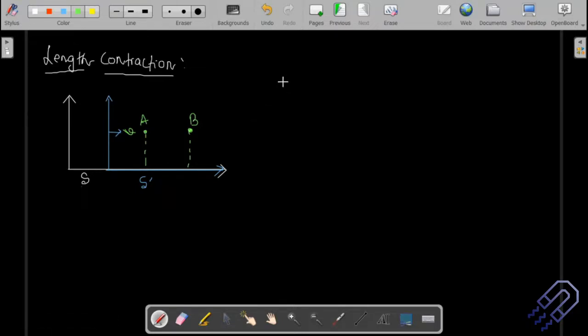So we are going to consider two events, okay. Let me take events and mark this as E1. You can use any notation, there's no issue. In event 1, even if you're doing a measurement, that can also come under the category of an event. So this is: measure the left end. We are measuring here, this is the left, this is the right.